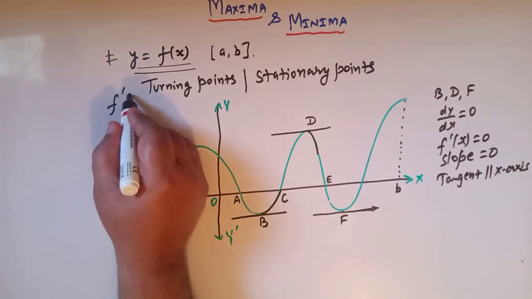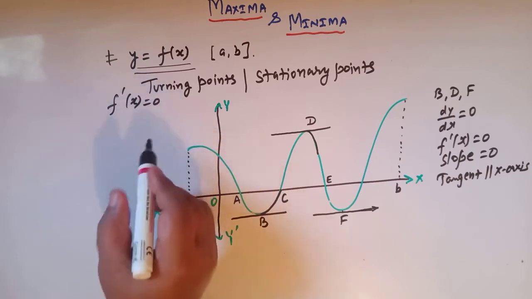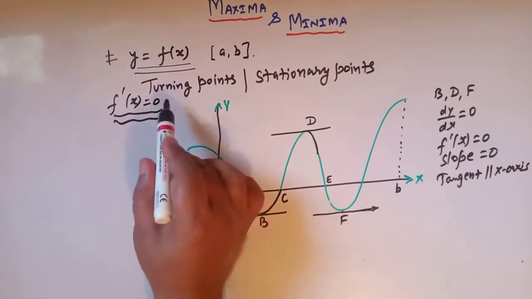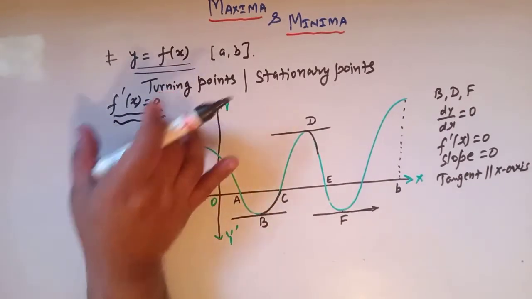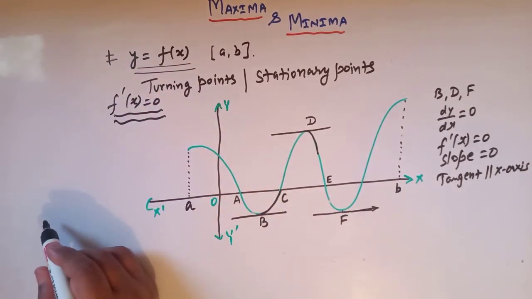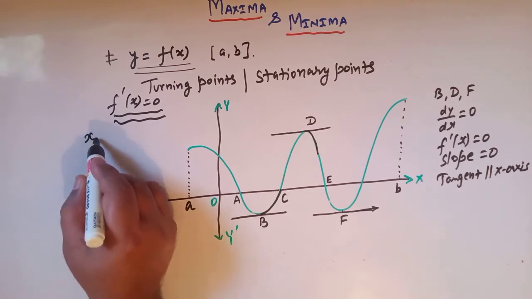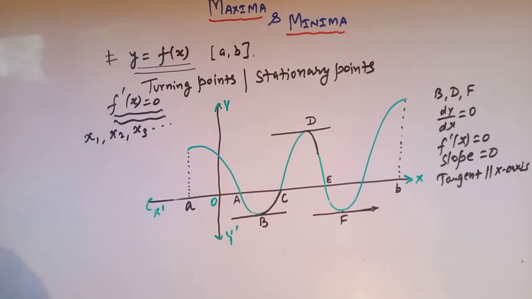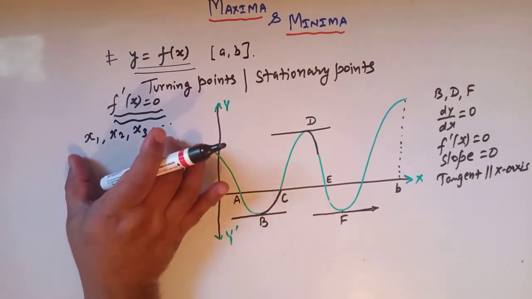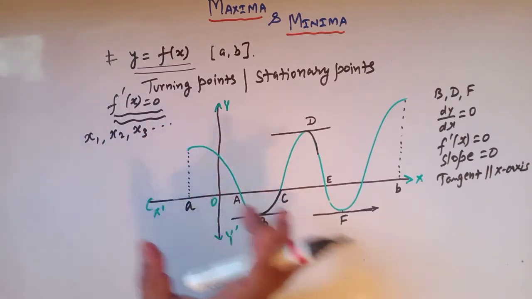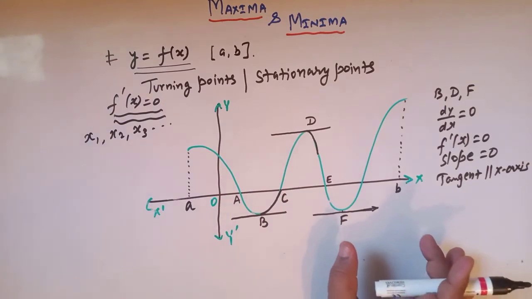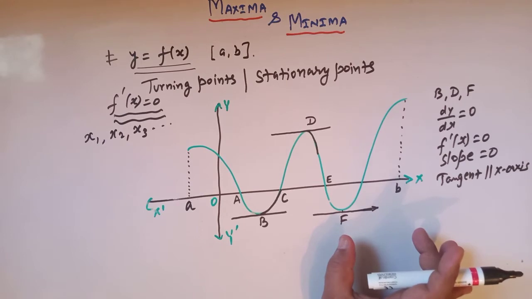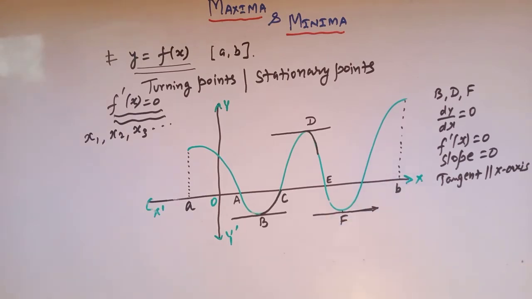So f prime of x equal to 0 is the equation which gives the turning points. If we solve this equation, we'll have the roots, say x1, x2, x3 and so on, and these points constitute the set of turning points or stationary points.